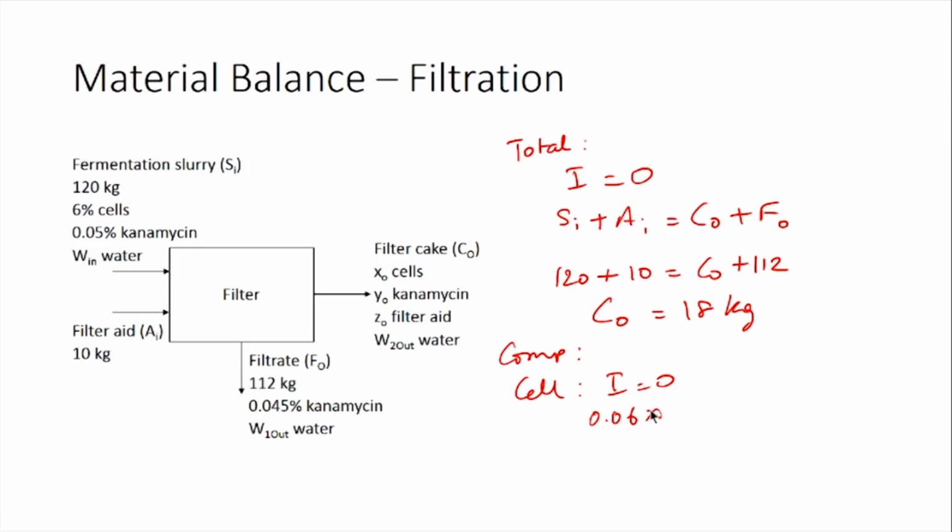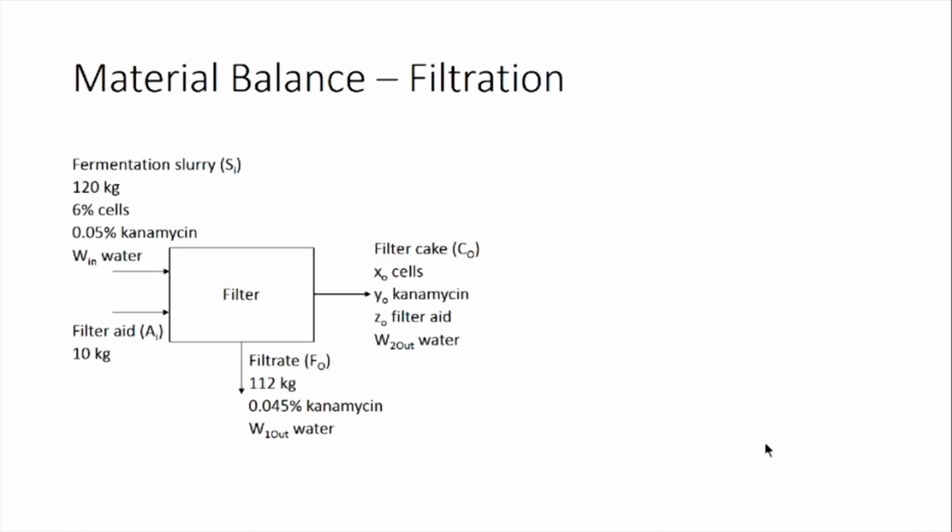implying 6% of the fermentation slurry, which is 0.06 times 120, is equal to X0. So, X0 is equal to 7.2 kilograms. We can continue writing component balances. For filter aid, we can write the component balance as again input equals output.